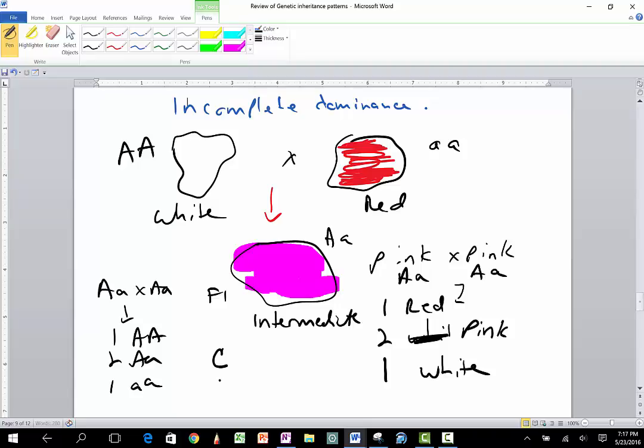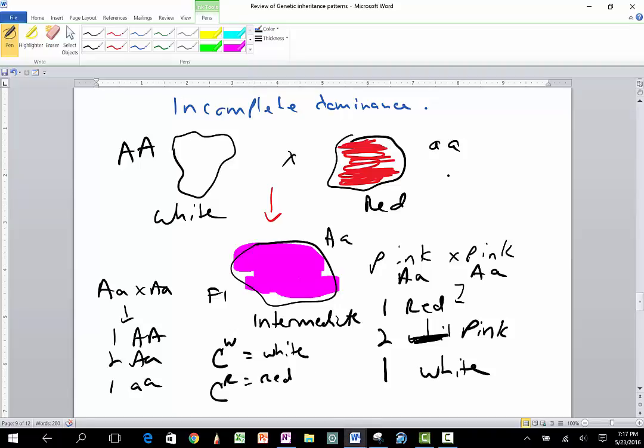So what we do is we use the color. In this case, the C letter for color, and then put a W on top as a superscript, and that means white. And a C, you could make it R, is red.